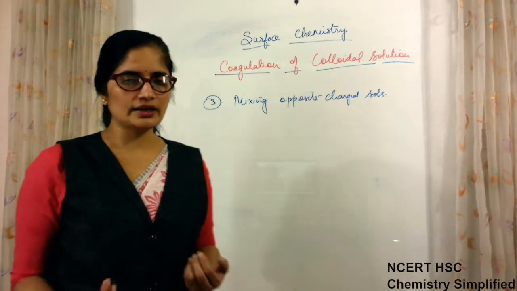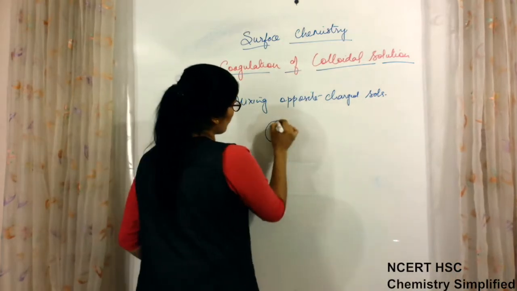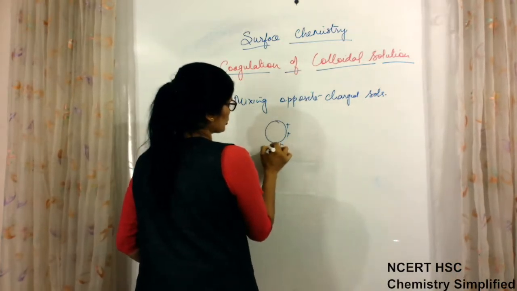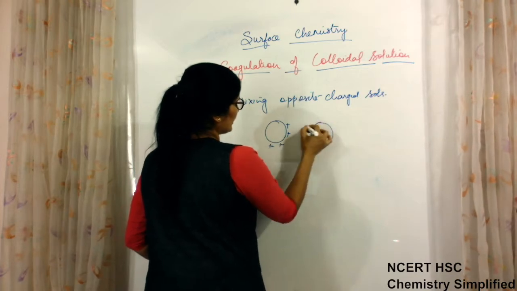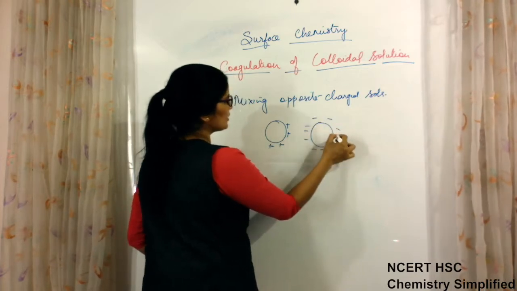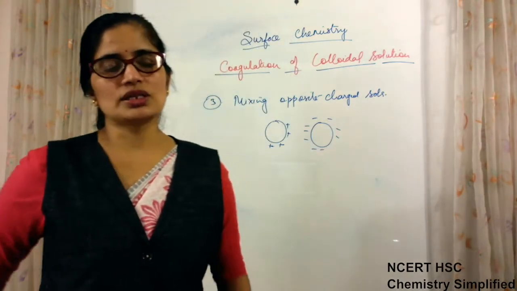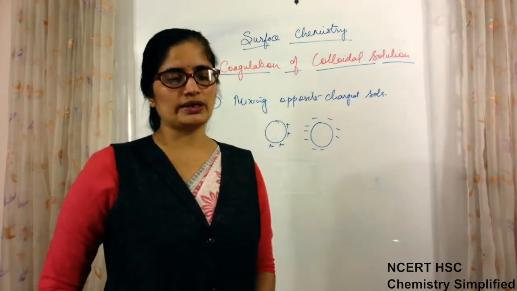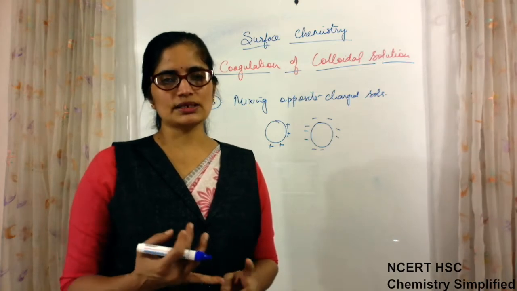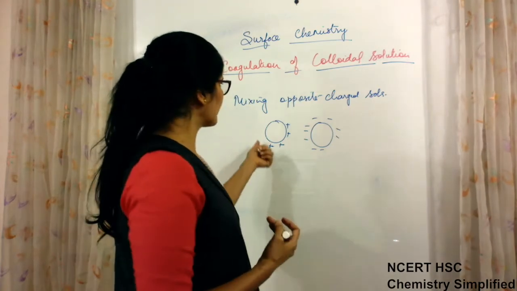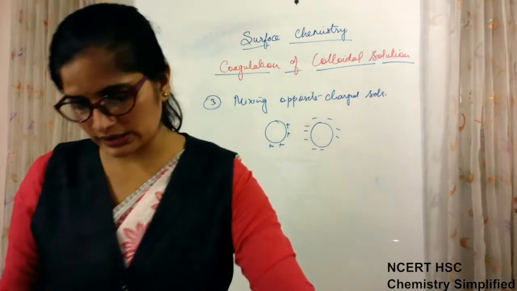It is very clear why they will coagulate, because some of the particles have positive charge, some will have negative charge, so their charges will neutralize and they will get coagulated. Okay, so this is one of the methods of coagulation. So electrophoresis, boiling, or mixing oppositely charged salts.